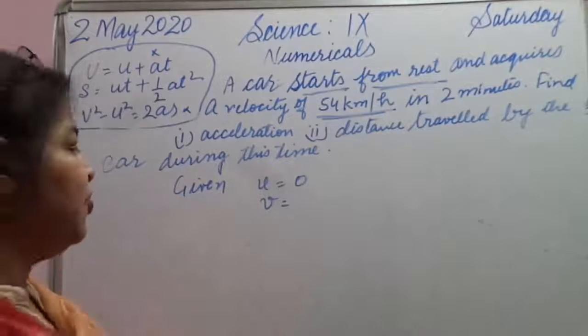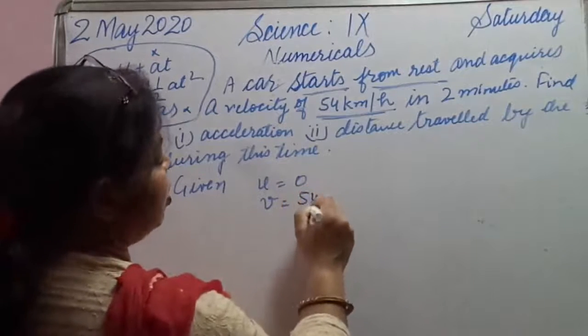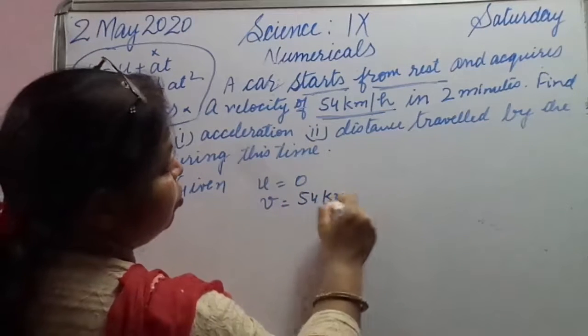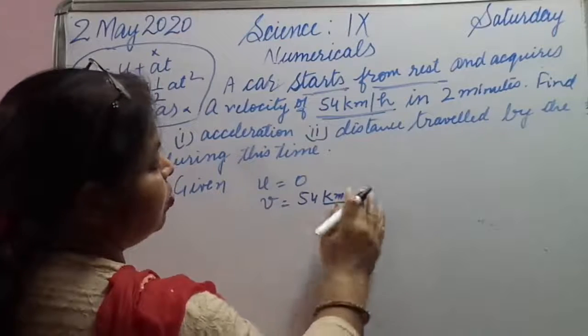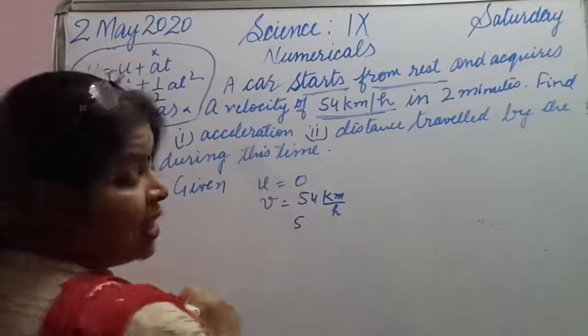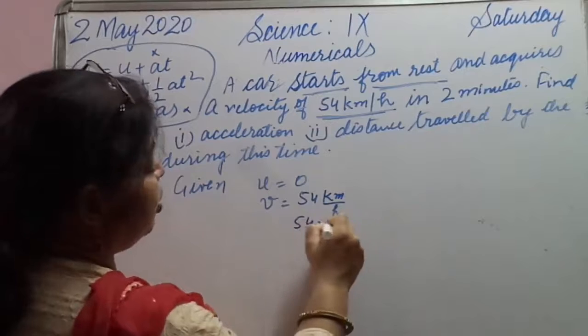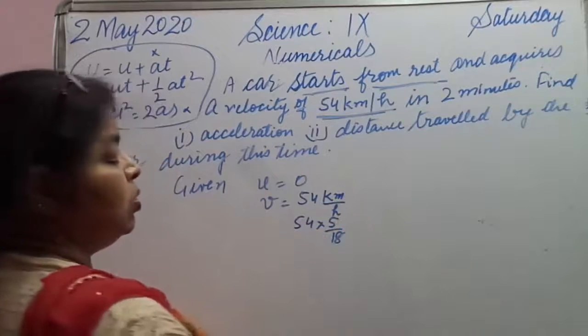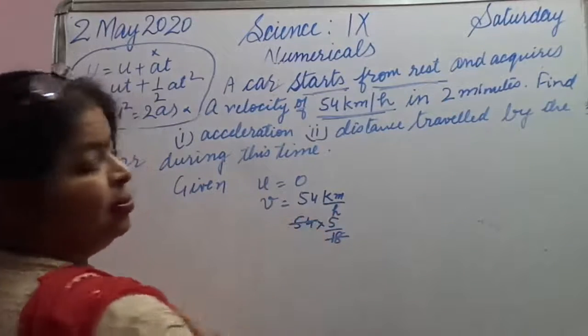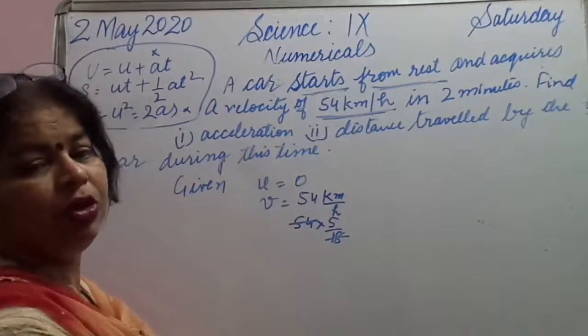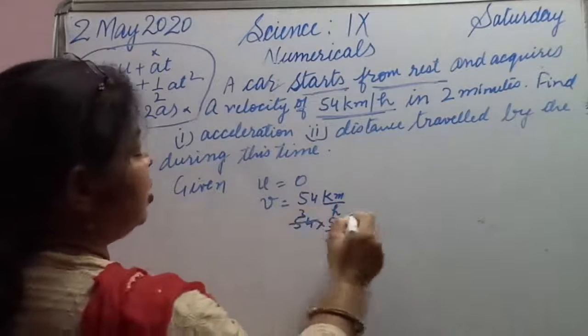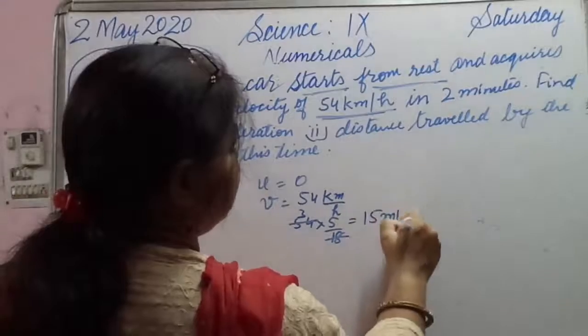So v is 54 km per hour. So what you are going to do? Convert it into meter per second. How? 54 into 5 by 18. Now it is going to cut on this 54. So it becomes 3 into 5, which is 15 meter per second.